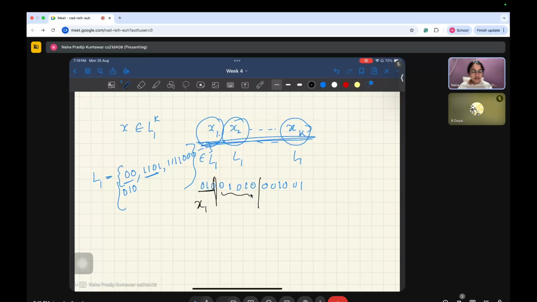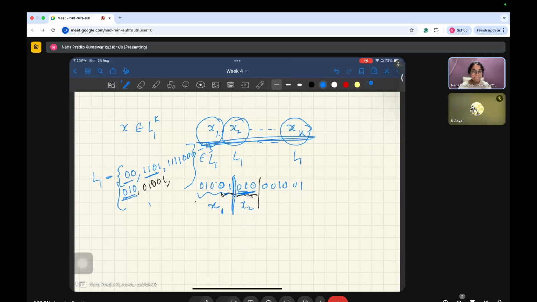It could also be that if I choose 0 1 0 to be my x1, then I'm forced to start x2 from here, and maybe I will not get a valid x2 because I chose it wrongly. But maybe 0 1 0 0 1 was also here. If I choose this to be my x1, then I get a valid x2, 0 1 0.